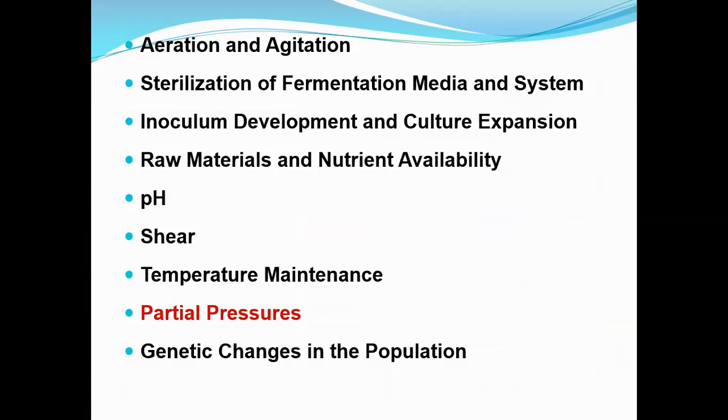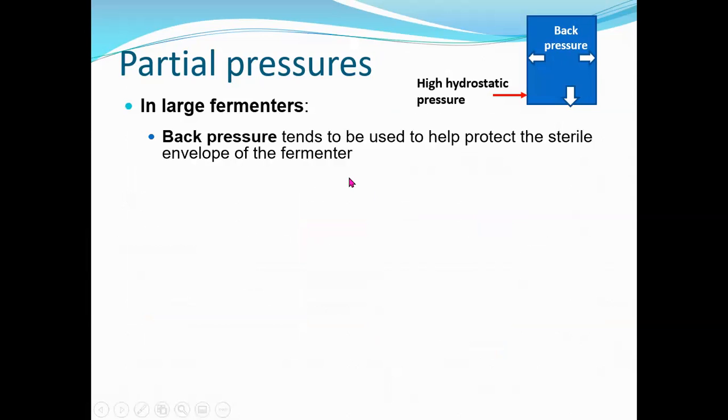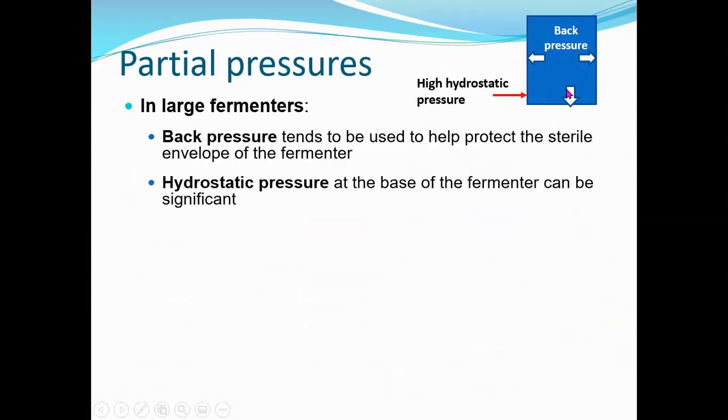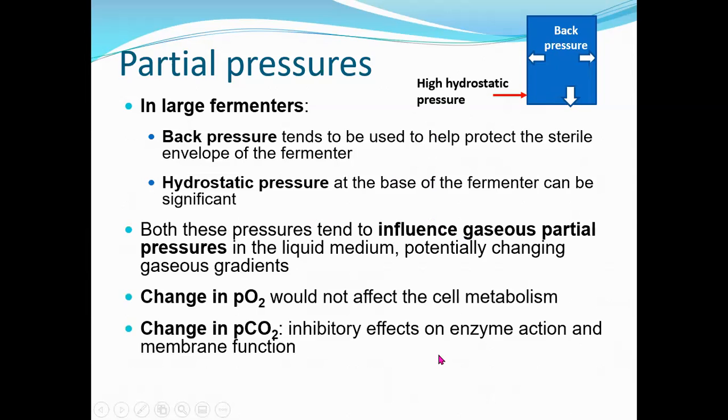Then comes the partial pressures. In the case of larger fermenters, there is significant back pressure because of the volume of the liquid present and towards the sterile envelope of the fermenter. Also, the hydrostatic pressure, because of the liquid present towards the base, is pretty high. Both these pressures will influence the partial pressures of the gases, for example, the partial pressure of oxygen as well as carbon dioxide.